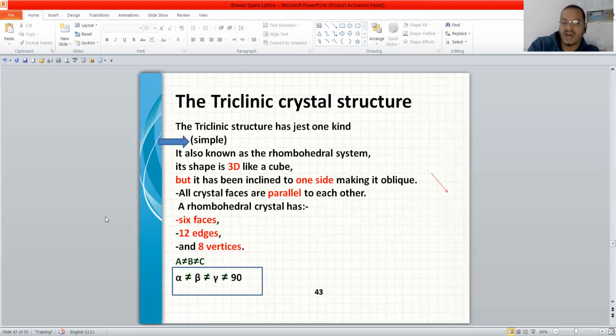All crystal faces are parallel to each other. A rhomboidal crystal has 6 faces, 12 edges, and 8 vertices.